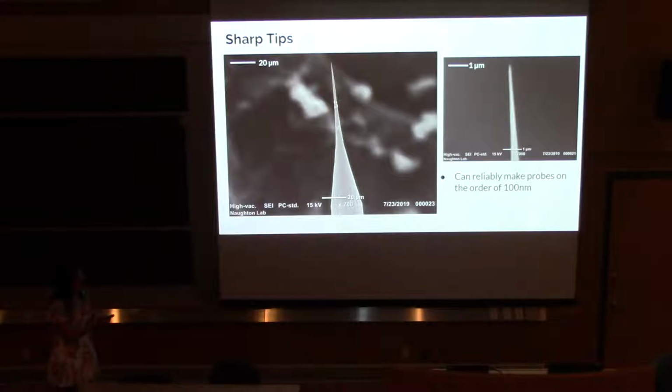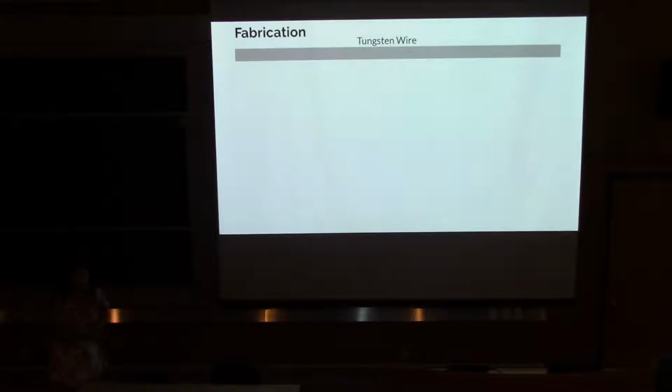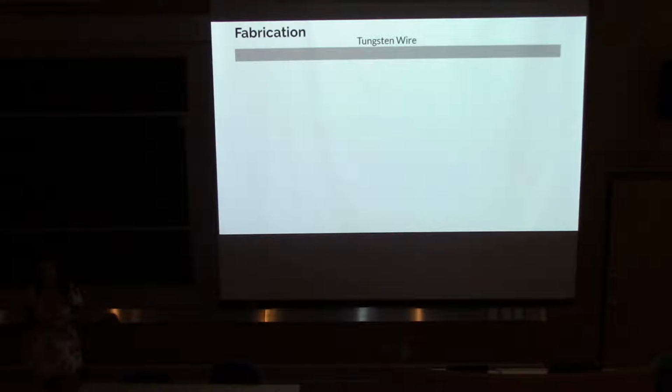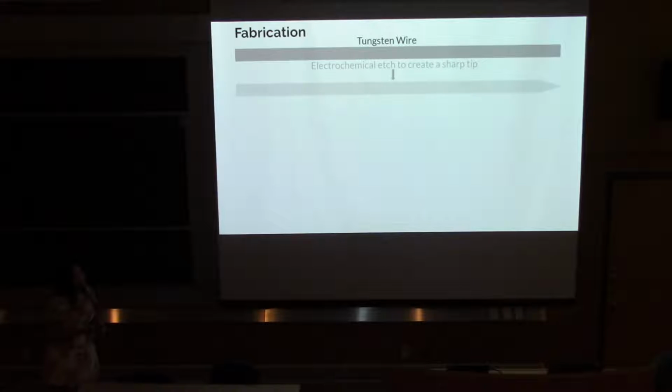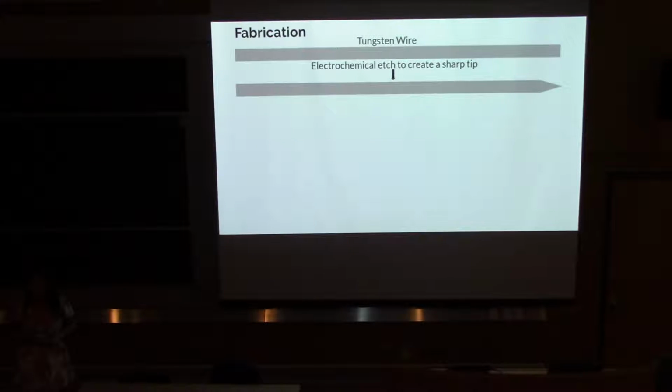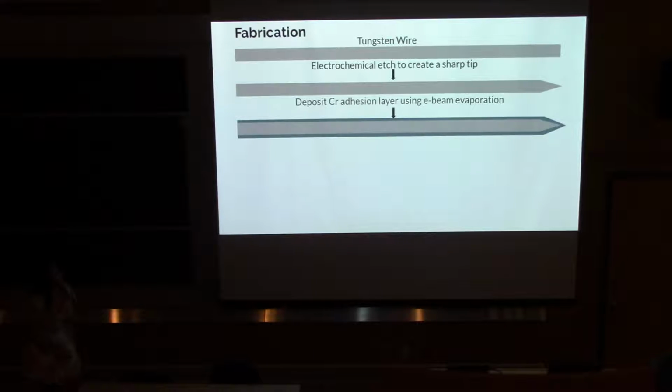So, as for the fabrication, we start off with a tungsten wire, then use electrochemical etching to create the sharp tip. But in order to measure voltage, we have to first insulate this wire. So we deposit a chromium adhesion layer using e-beam evaporation. And this actually helps the insulator adhere to the tungsten wire.